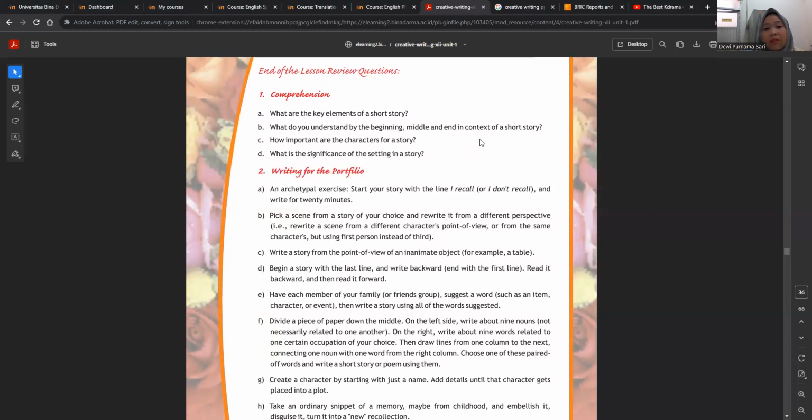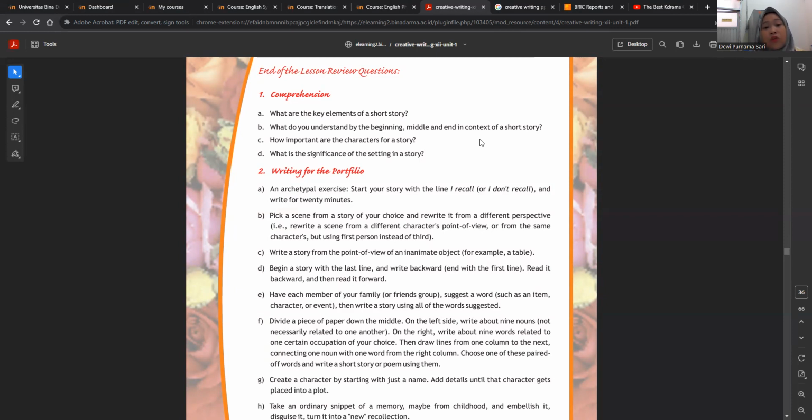Okay. The first one is an archetypal exercise. You can start your story with the line, you recall the memories that you have already experienced before, or I don't recall, and write for 20 minutes. Okay. Second, pick a scene from a story of your choice and rewrite it from a different perspective.